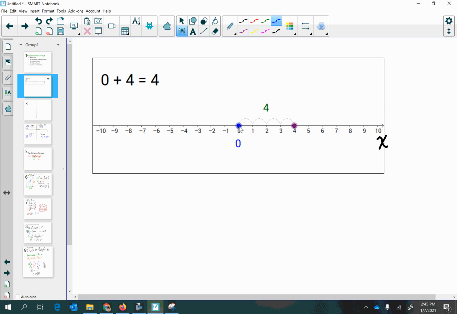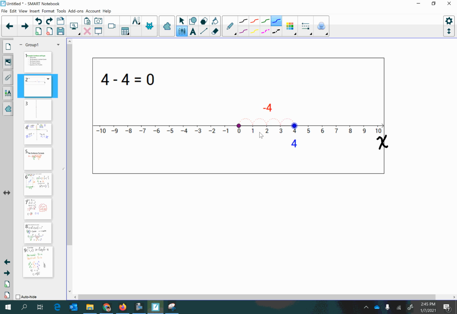You can see that I have traveled a distance of 4. Now, to get the difference between 4 and 0, we would subtract 4 minus 0 and get a difference of 4. Or in other words, you could reverse the way I have this here and say that if you start at 4, you're going to have to move backwards 4 units to get to the other point.